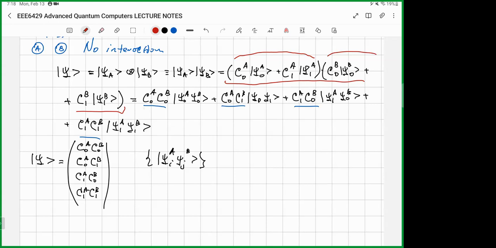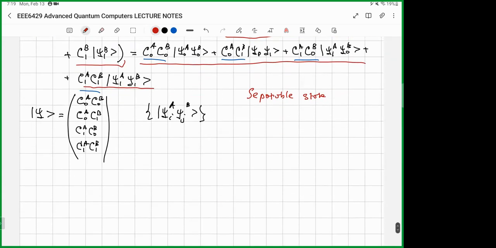Of course, I expand the brackets and get a longer expression, but I can factorize it back and write it as a product of two states. So this is a separable state, because I can represent it as a product of two vectors.